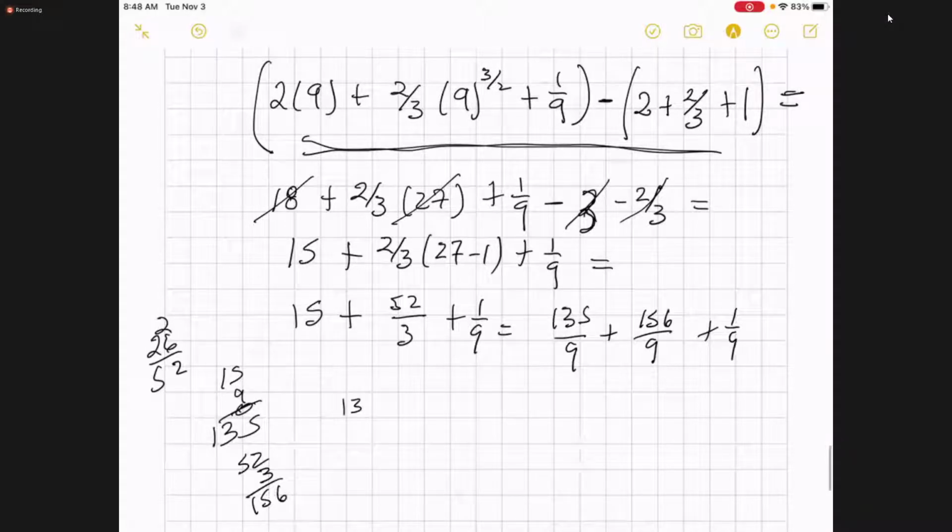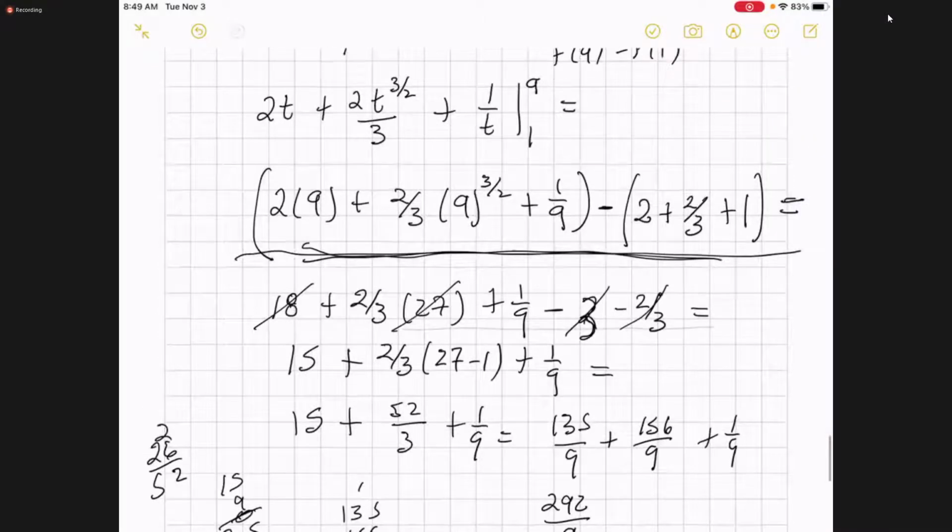Then 135 plus 156 is 291, plus 1 is 292 over 9. My arithmetic there is worth checking, but as far as I'm concerned, you can leave your answer like that and not have to go through all this arithmetic. It's only important to do all that arithmetic if you need the number in order to do something else.